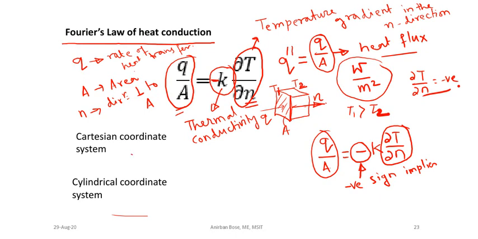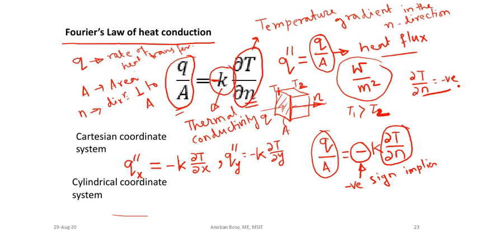So the heat flux in the x direction, Qx double prime, is equal to minus k into del T del x. k is the thermal conductivity, a small k, not capital K. Similarly, heat flux in the y direction is minus k into del T del y, and similarly in the z direction it will be minus k del T del z.